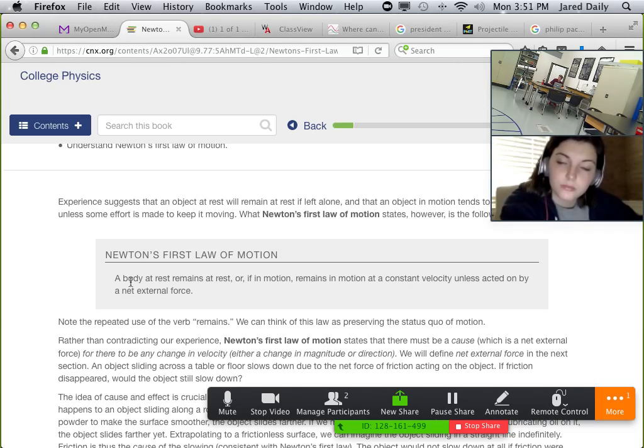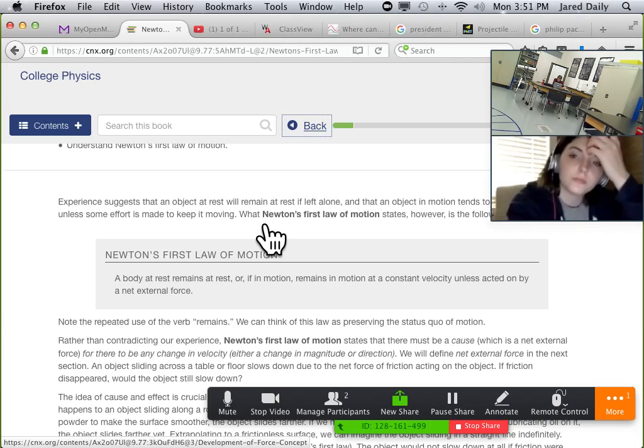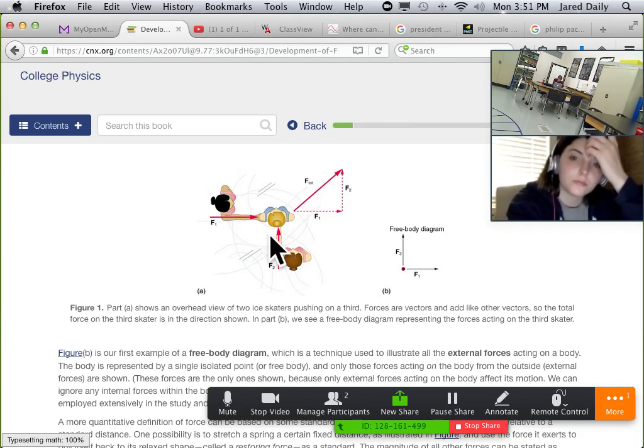So if you have more than one force acting on the object, you have to add those forces together to create the overall force. It's very similar to what we did in the last section with the ice skaters, right? We have two forces acting here, force 1 and force 2. The net force is the sum of the two. It's just as possible to have one person pushing from the left and another one pushing from the right so that they're opposing each other, but one of them pushes harder.